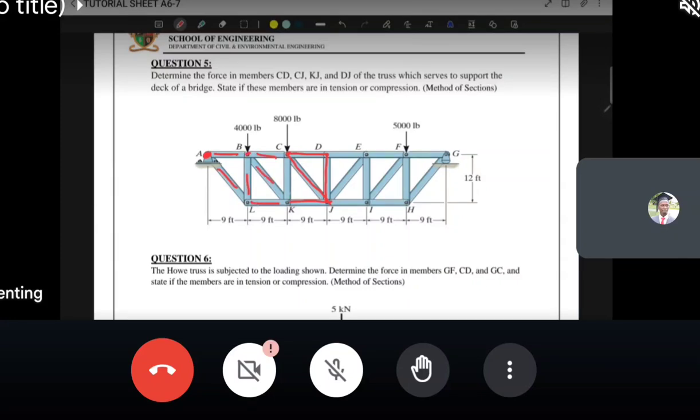See, it's taking you a lot just for you to come and find these four that you're looking for. So we take advantage of the method of sections when we want to find just the highlighted members.